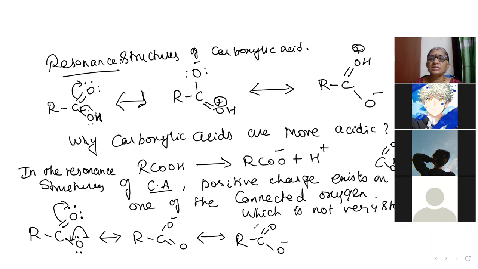Why? Because in these resonance structures, we do not find any positive charge on any contributing structure. In the acid's structures, the more electronegative atom is bearing a positive charge, and the more electronegative atom cannot tolerate a positive charge.